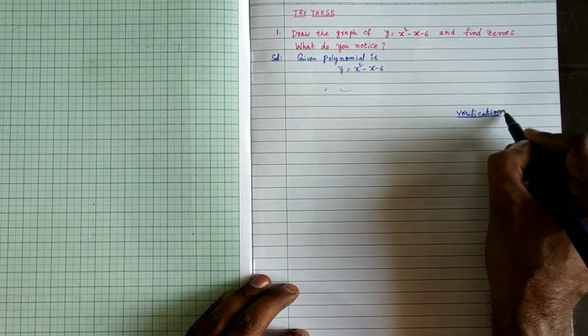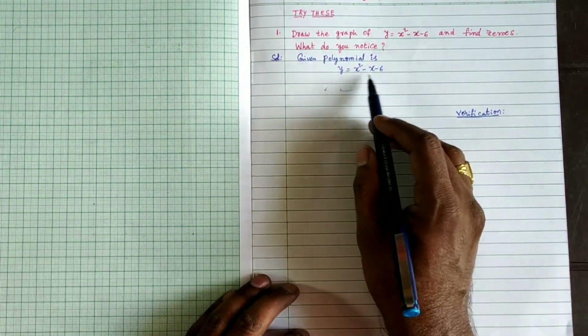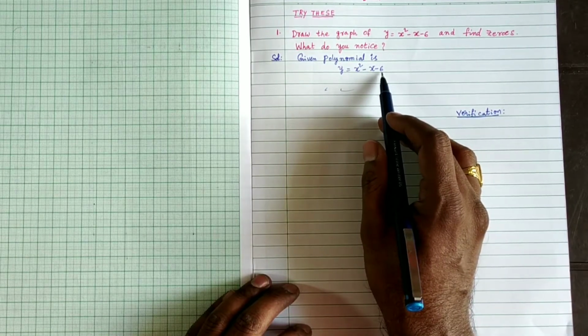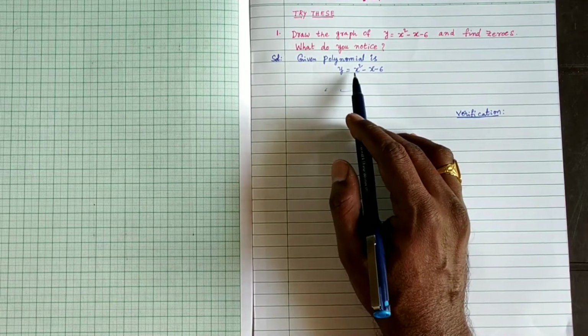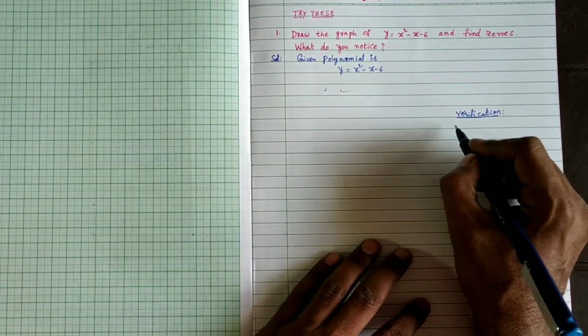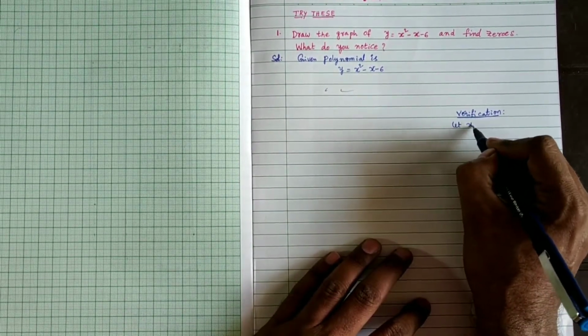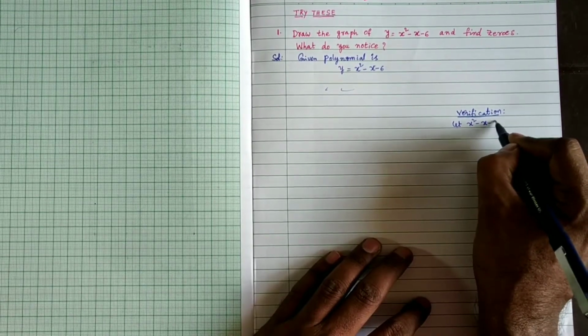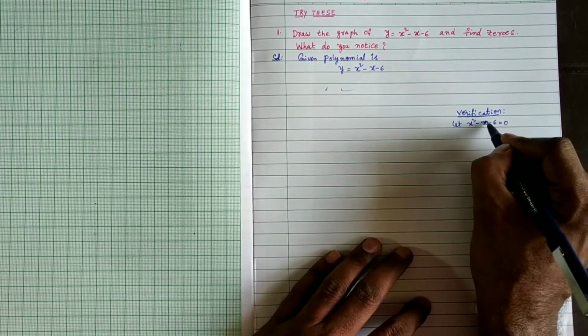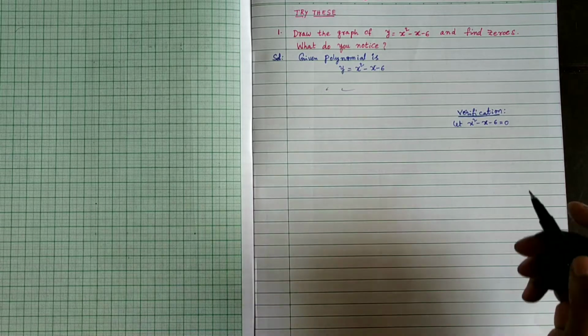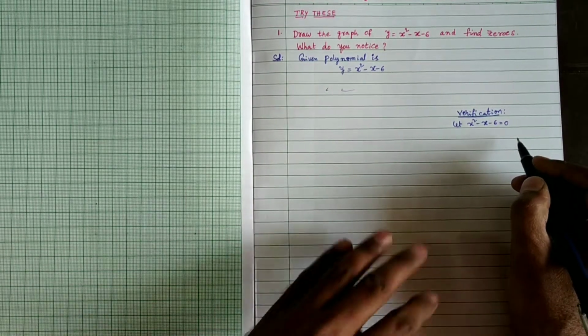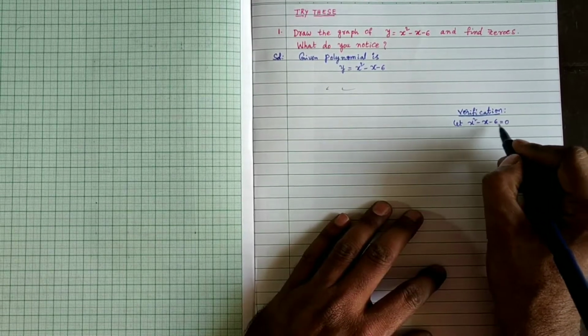Verification. Given quadratic polynomial y equals x square minus x minus 6. To find the zeros of the polynomial, let x square minus x minus 6 equals 0. In the factorization method, first of all, we have to multiply the coefficients of x square and the constant.